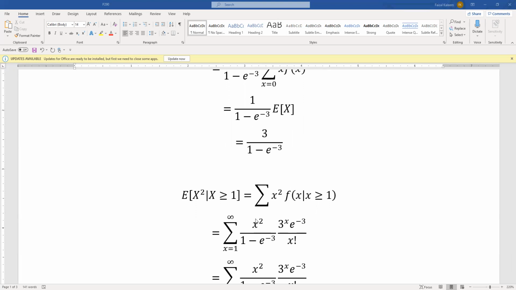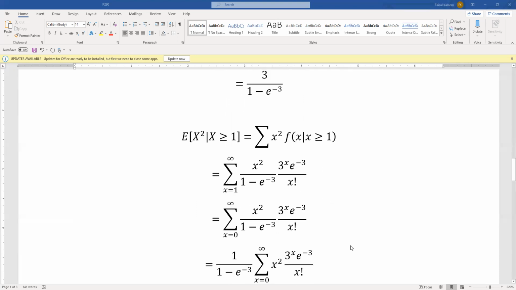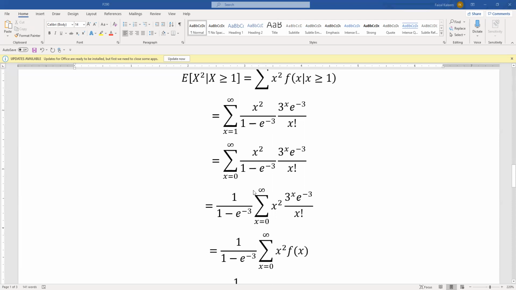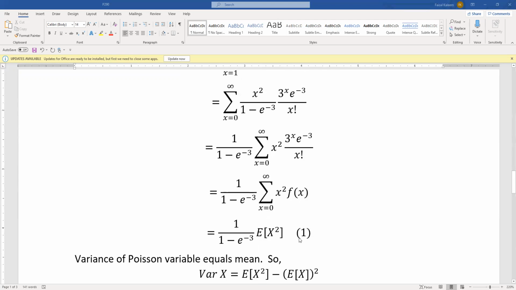And once again, this summation starts from 1 because this probability function starts from 1, but we want to start it from 0, which we again can without changing anything, because for x equal to 0, this expression is 0 because of this x squared. Then we pull the constant out as before, and what's left inside is just x squared times f(x) from 0 to infinity, and this means that this whole thing is E[X squared].